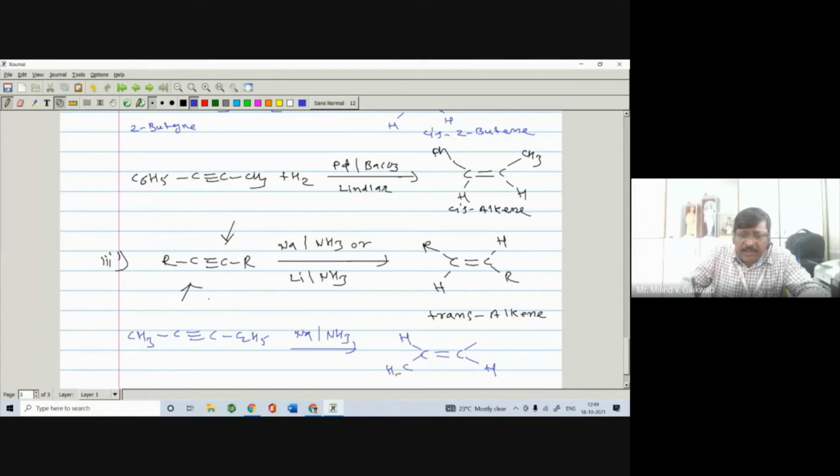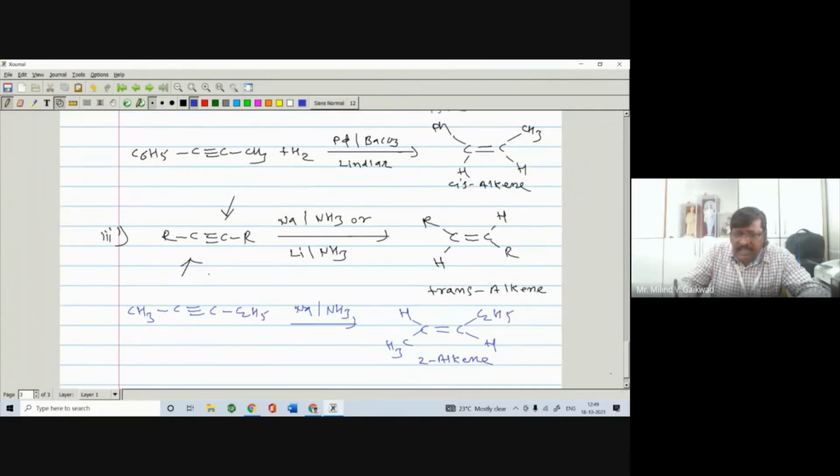So here you have a CH3 and here you have C2H5. Means you are getting a 2-alkene, and here the alkene is trans. The alkene is trans-2-pentene.